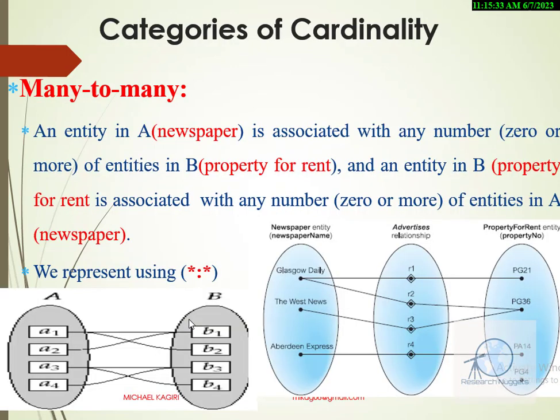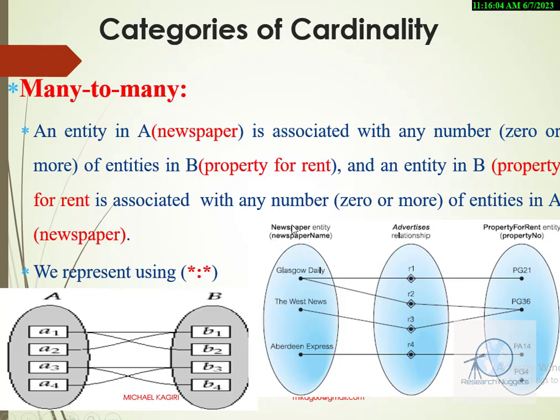The last one is what we refer to as many-to-many. In the many-to-many instance, we say that an entity in A is associated with any number, 0 or more, of entities in B, and an entity in B is associated with any number, 0 or more, of entities in A. To help us understand this better, let's look at an example involving a newspaper and a property for rent.